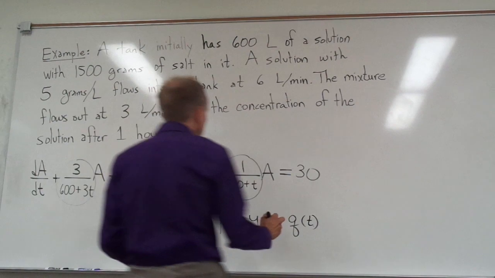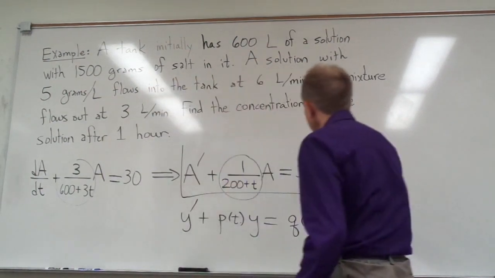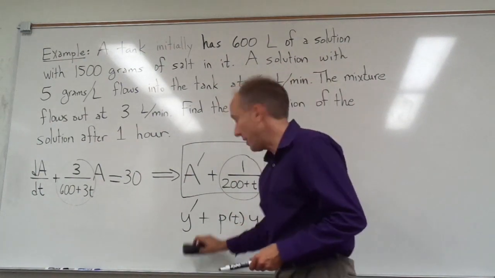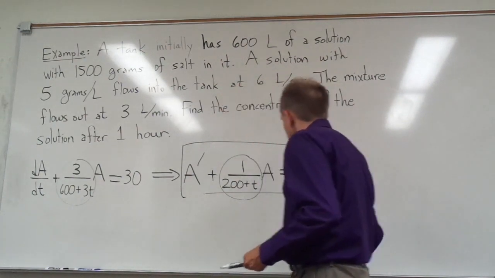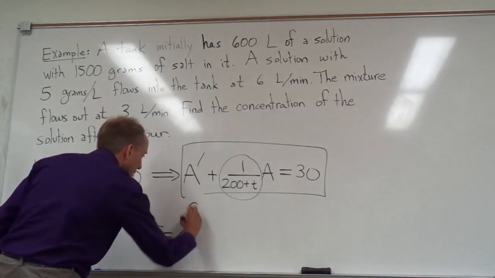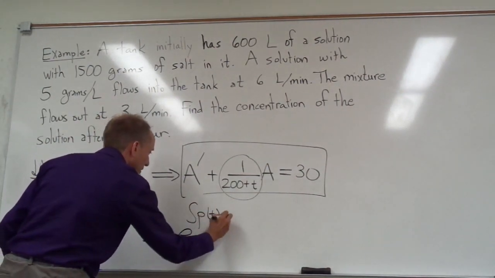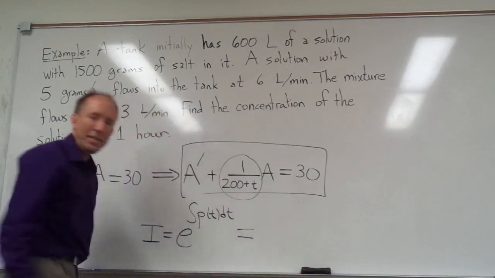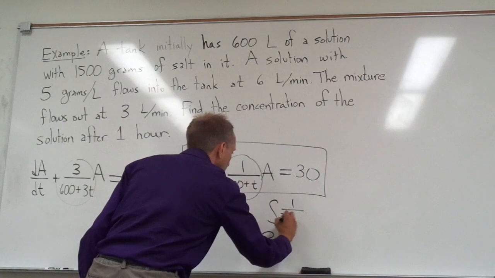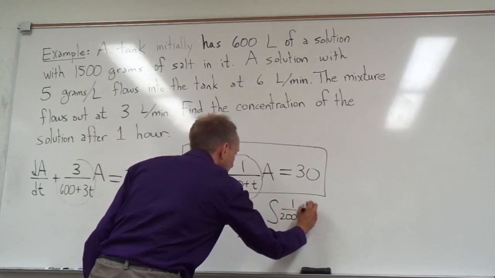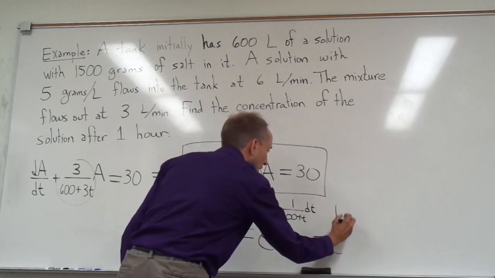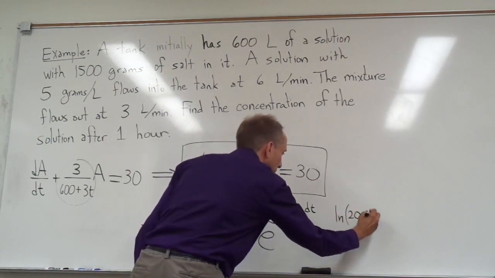And so my first step to solving a first order linear differential equation is to find the integrating factor. So the integrating factor, remember that's I, is e to the integral of P of t dt, if we use t for our variable. Okay? So this is e to the integral of 1 over 200 plus t dt. And that's going to give me e to the ln of 200 plus t.